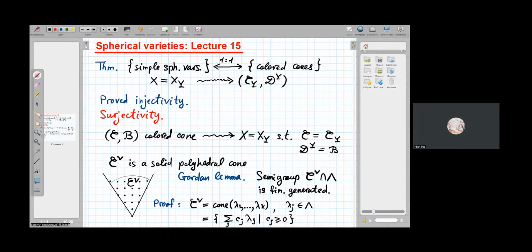For instance, on the picture, we have this vector, one of the generators. And this vector is another generator.